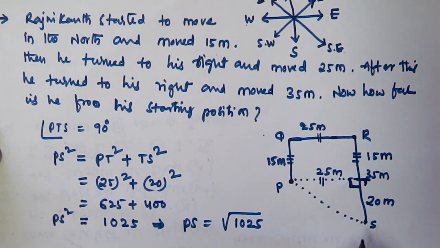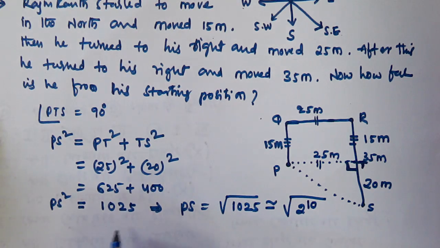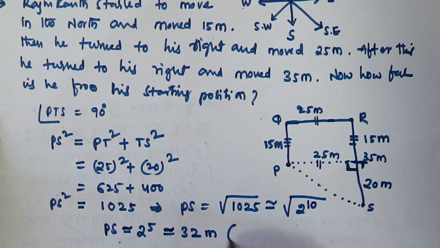We know 2 to the power of 10 is approximately 1024. So PS is approximately 2 to the power of 5, and 2 to the power of 5 is 32 meters. This is the approximate value.